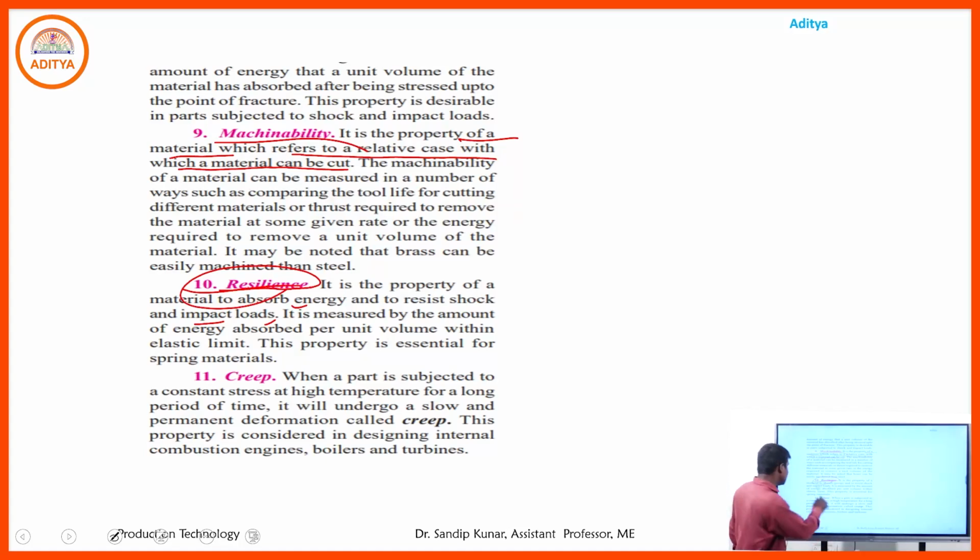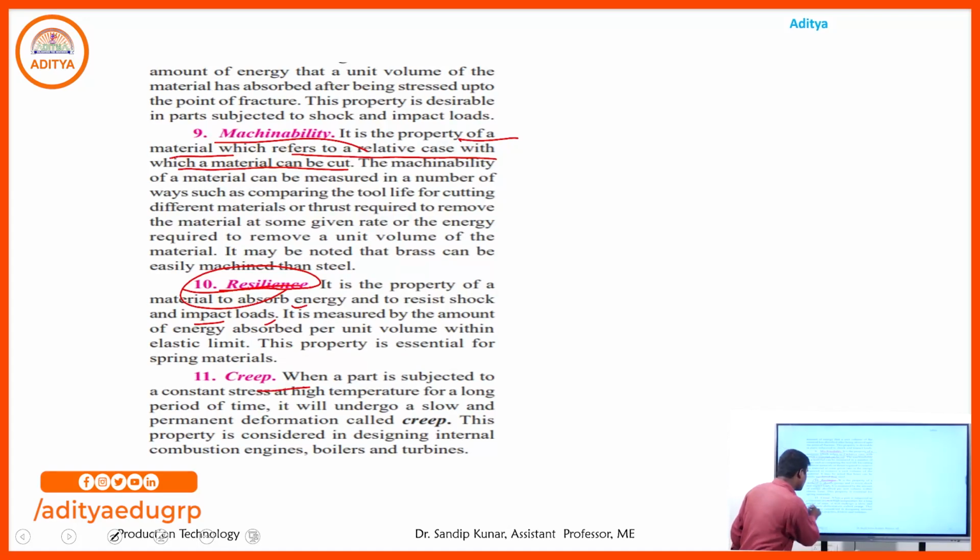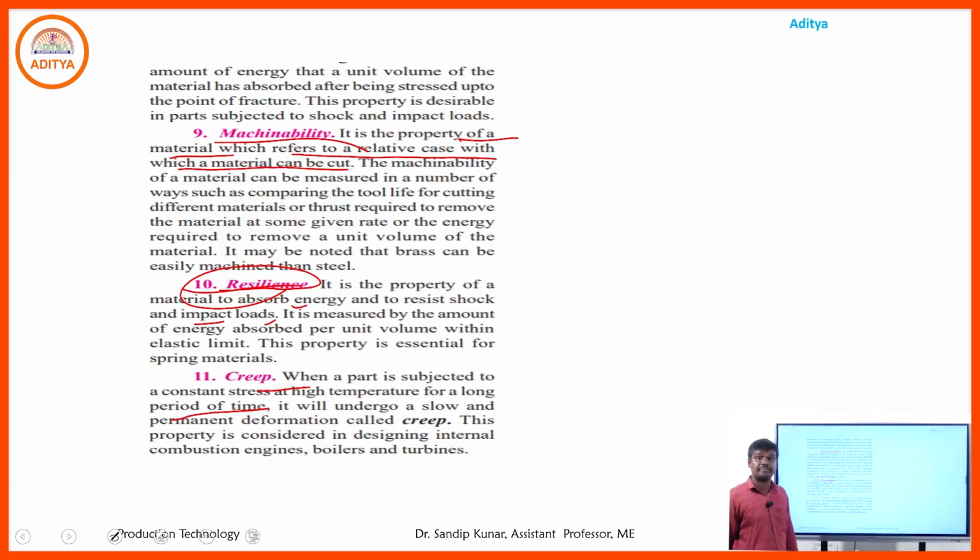Creep. Creep means a constant stress applied on a material at higher temperature for a long period of time. When we apply constant stress at higher temperature for a long time, slow and permanent deformation takes place in that material. What are the conditions? Number one, constant stress is applied. Second, higher temperature.